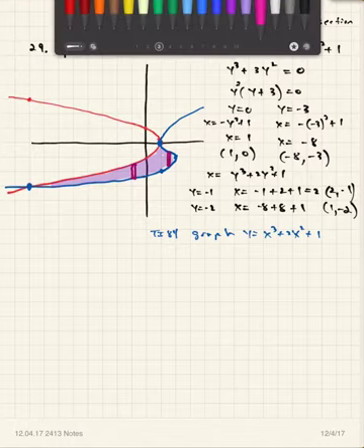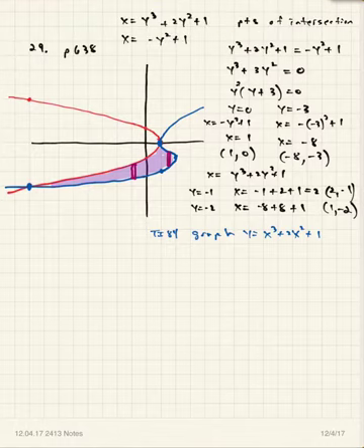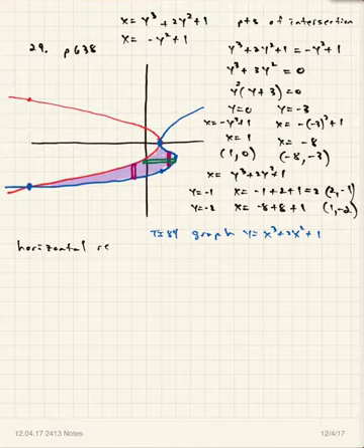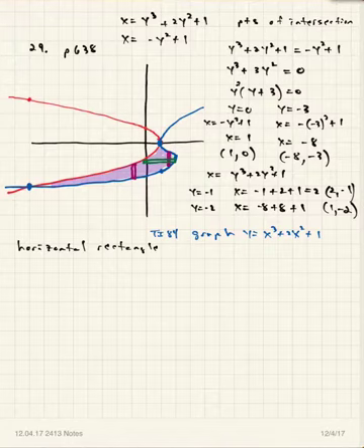Instead, I use a horizontal rectangle, and if I use a horizontal rectangle here, the bounds are always the same. The blue curve bounds on the right side, the red curve bounds on the left side. And so that's what I do here, to find this area I use a horizontal rectangle and go ahead and integrate with respect to y.